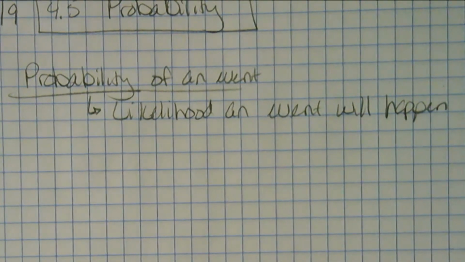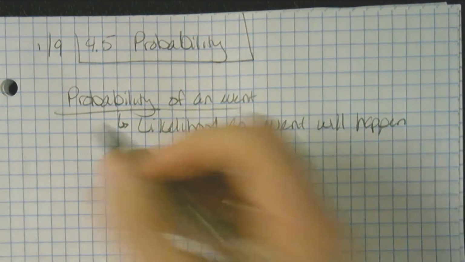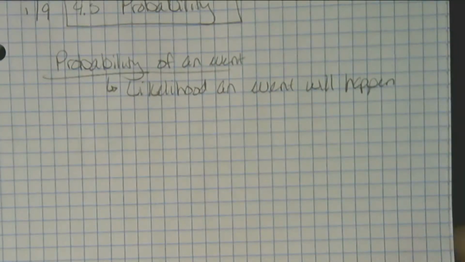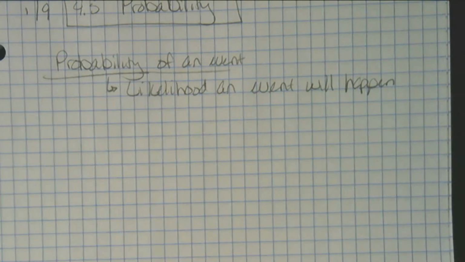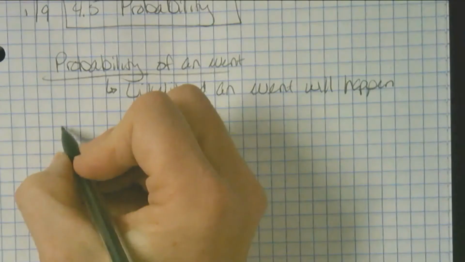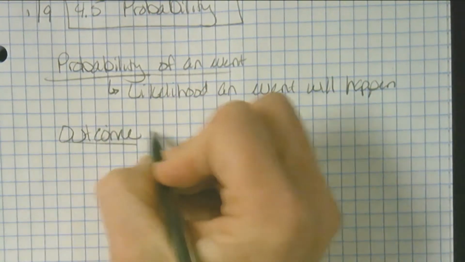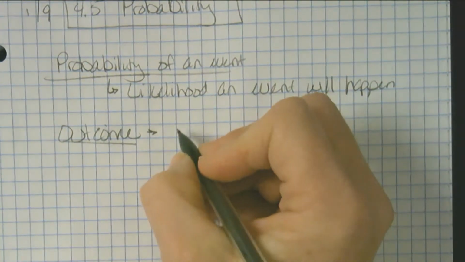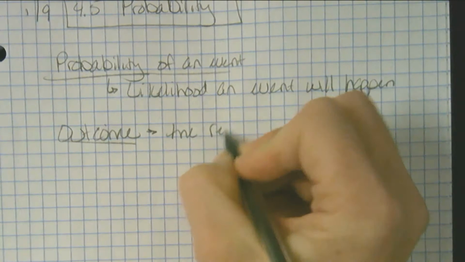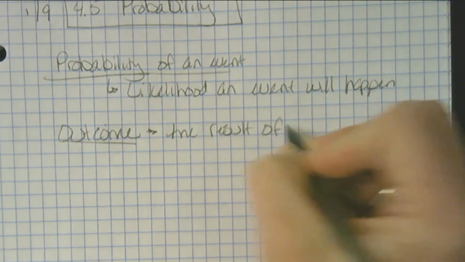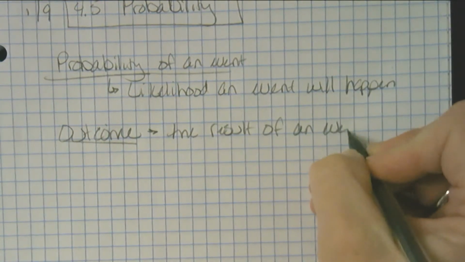Alright, so we need to kind of come up with or talk about some of the terminology that goes with this. So, I'm not huge on vocabulary with you guys memorizing canned vocabulary terms, but there is vocabulary you do need to know in math. When we talk about outcome, outcome means the result of an event.